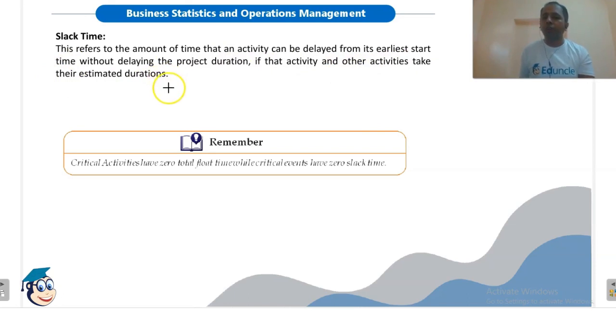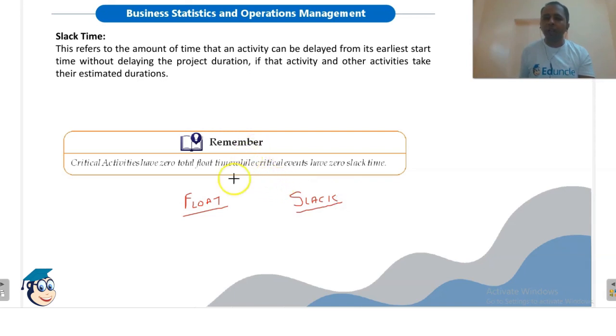So in case of a critical activity, there will be no slack time. For critical activities, we use the word float instead of slack time, and for events, we use the word slack. Remember this: for activities, we use the word float, while for events, we use the word slack.